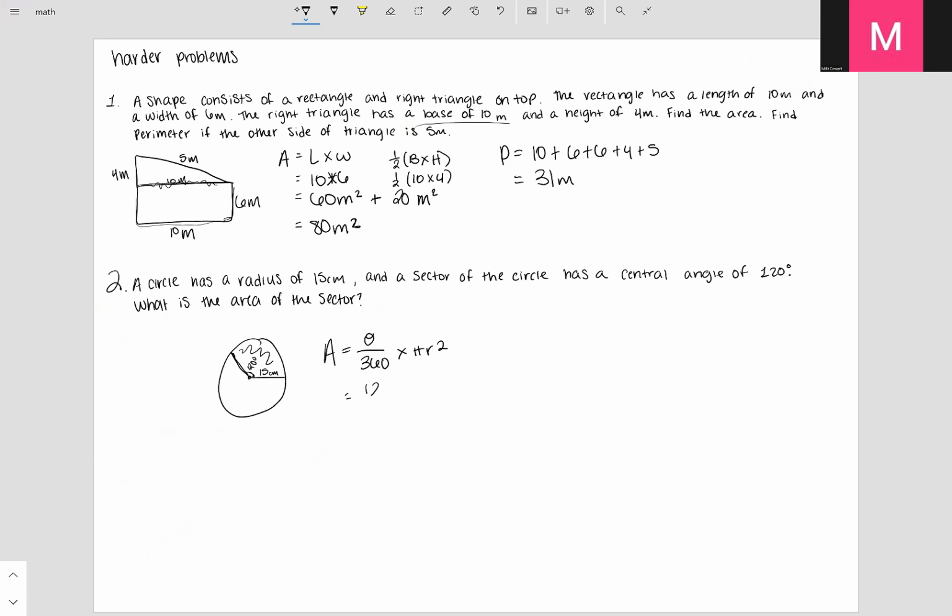So we have 120 over 360 times pi r squared, which will be 12 over 36 times pi times 15 squared, so that'll be 1/3 times pi times 225.